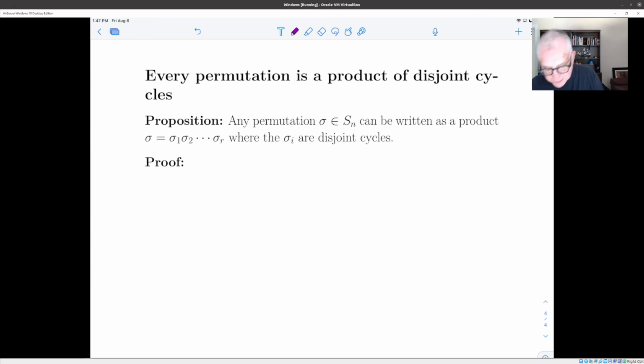And what's the proof? Well, we start with our sigma in Sn, and we construct the cycles just like we did before. We first take the cycle 1, sigma of 1, sigma squared of 1, out to sigma to the r of 1, where sigma to the r plus 1 of 1 is 1 again.